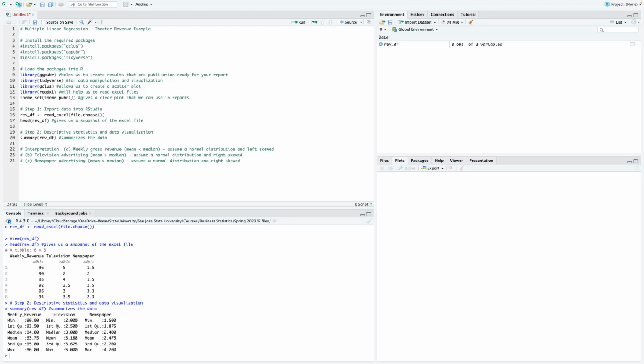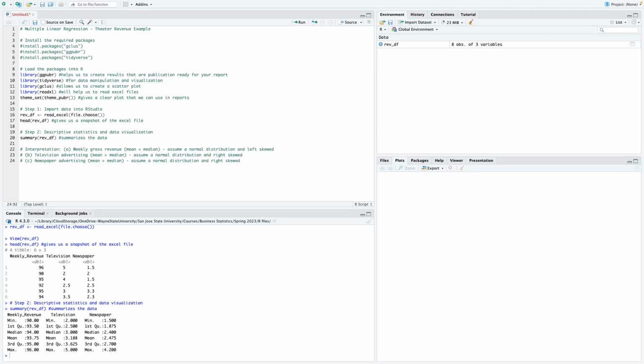But also we could just interpret it based on the mean. On average, the weekly revenue or the weekly gross revenue is $93,750, right? And then on average, the amount of money the company spends on television advertising is basically $3,188, right?